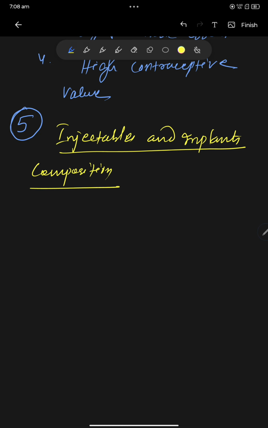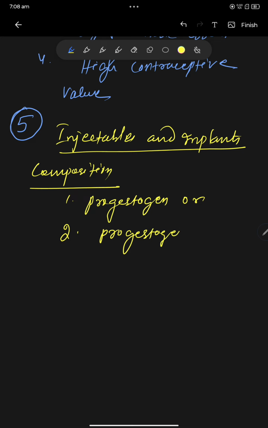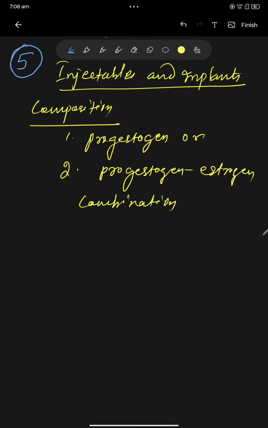The composition includes progesterone, or progesterone-estrogen combination, just like the pills.